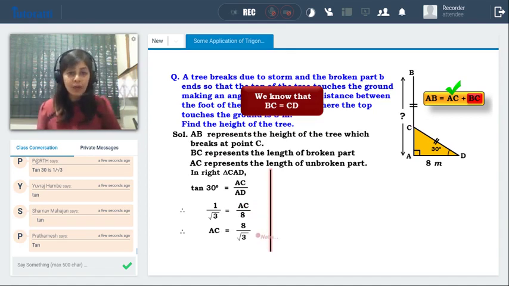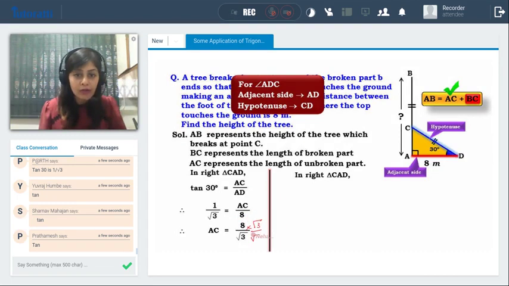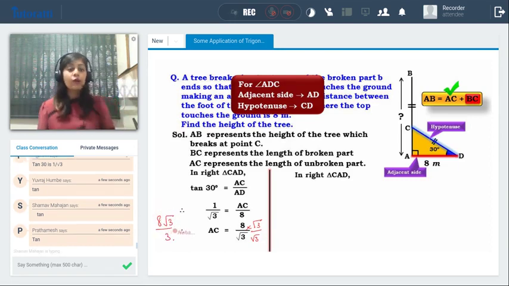Students, at this point, you can either leave it like this or rationalize it. Once you rationalize it, you will get root 3 upon root 3, and that is going to get you to 8 root 3 upon 3. Now, we all know 3 and 8 cannot be cancelled, so do not bother about cancelling them.